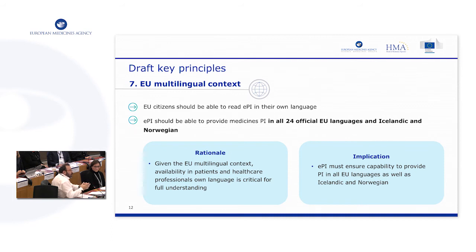I don't think that it is a key principle right now, but it's a possibility that is already being considered by several member states, to offer this in the main languages spoken by the people that live in the country. Again, it's a step forward from the beginning of this project.